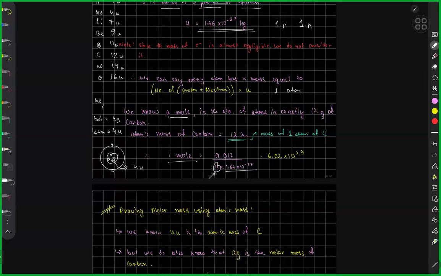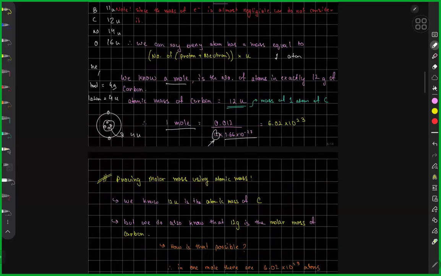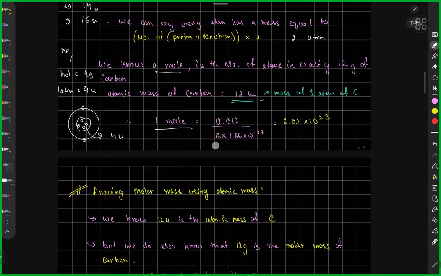That is 12 times U, where 12 is the number of subatomic particles in the nucleus times U. So this is the mass of one atom. So this is the mass of 1 mole of carbon, and this is the mass of one atom of carbon.